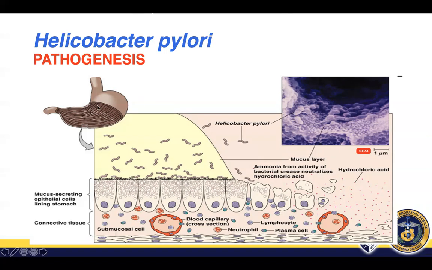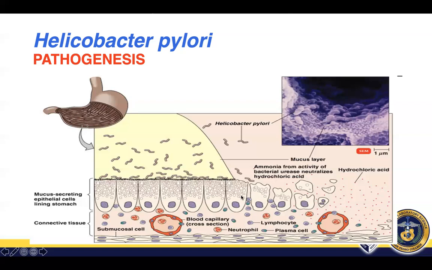Remember, the inner wall of our stomach has folds, and it hides itself there. It invades the mucosa, and then it releases toxins and lipopolysaccharides. It damages the mucosal cells.